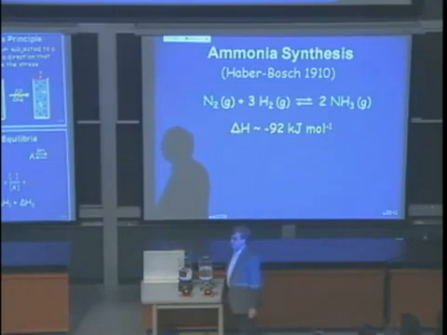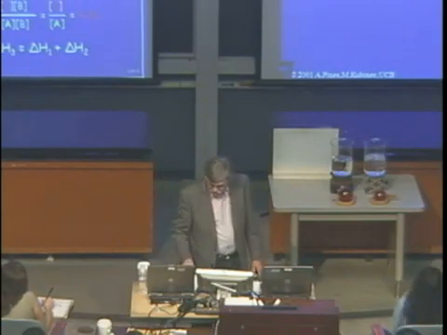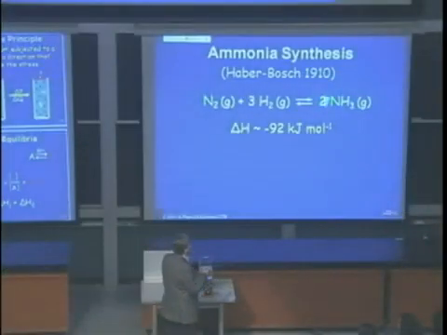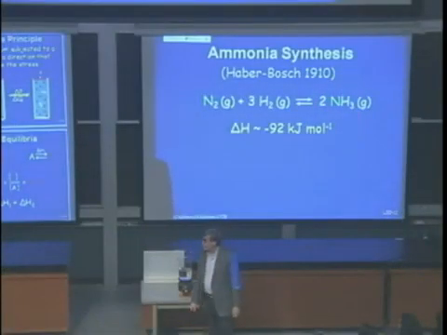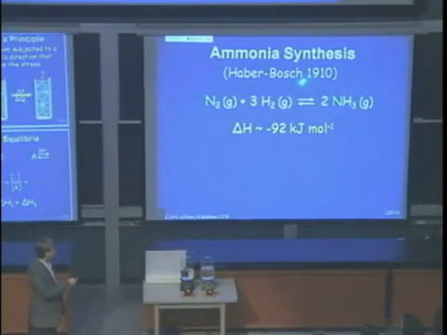shortly after, they made a big process out of this, and Haber became filthy rich, actually, because he got 1 penny per pound of ammonia that was produced. He had this patent and got 1 penny per pound. It was a fortune at this time in 1910.